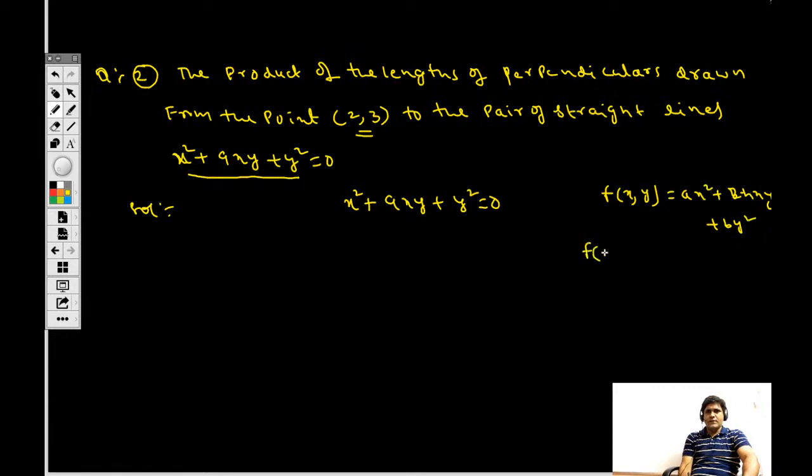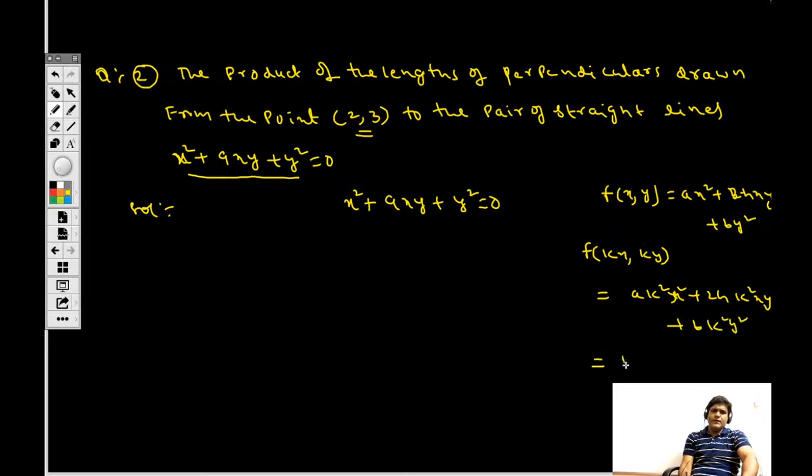The method is what? You replace x with kx, y with ky. Then what do you get? a into k square x square plus 2h into kx into ky, that is k square into xy, plus b into k square y square. So this is the method actually.